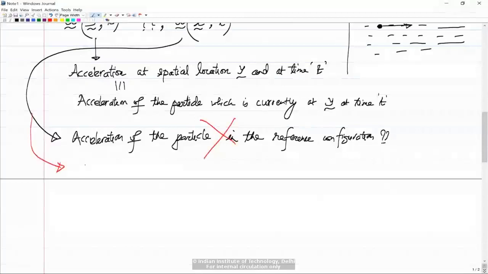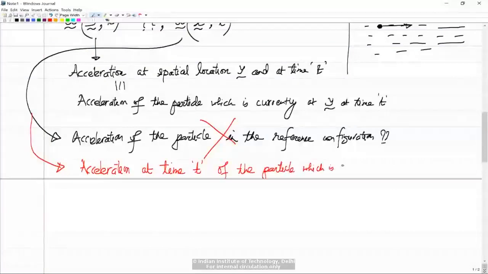It is acceleration in the current position, or you can say acceleration at time t of the particle which is at x in the reference configuration.